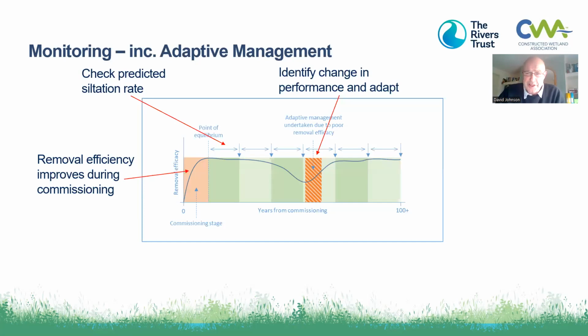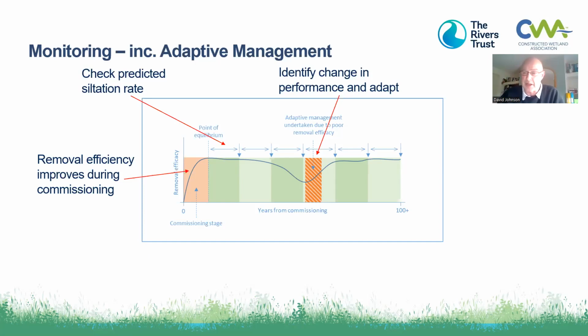Now, this monitoring is not there to prove your calculations are correct. What we say is, if you follow the process in the framework, if you've calculated the removal, that's what your credits can be based on. The monitoring is there really to help identify that the wetland is working as it functions.